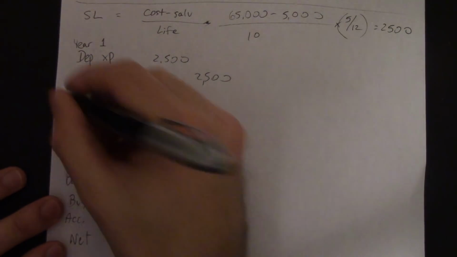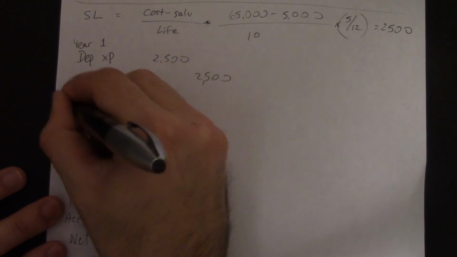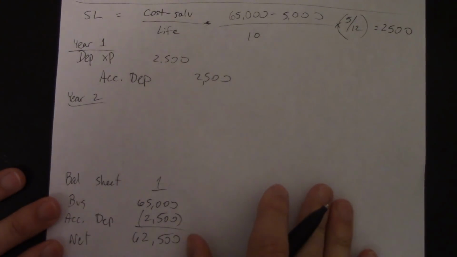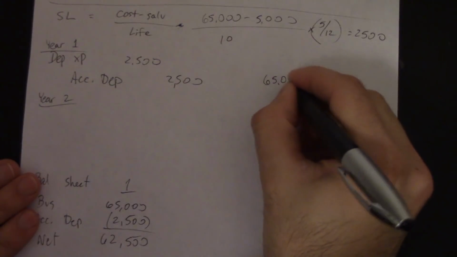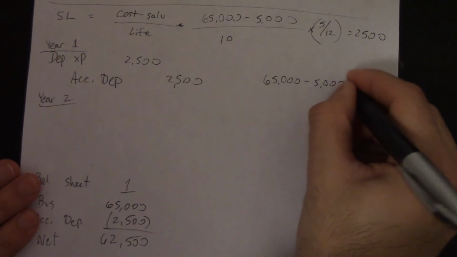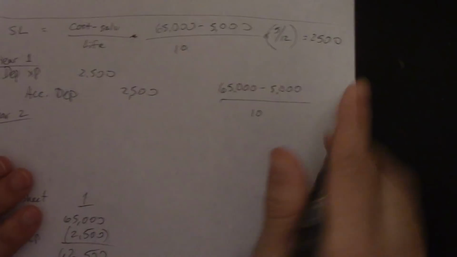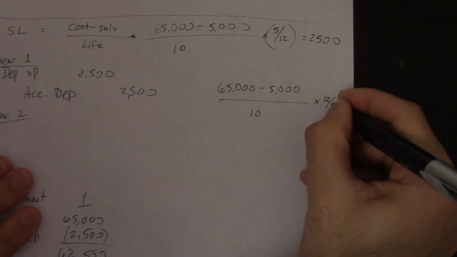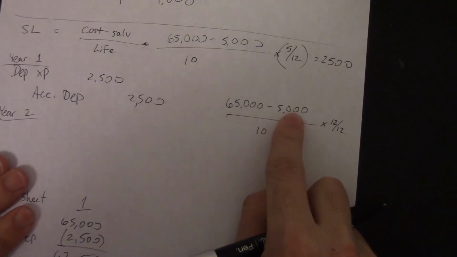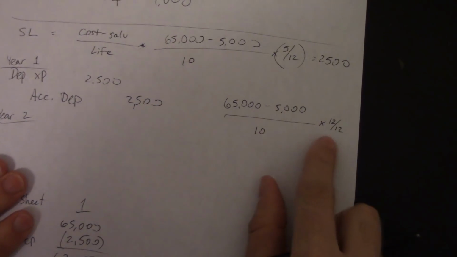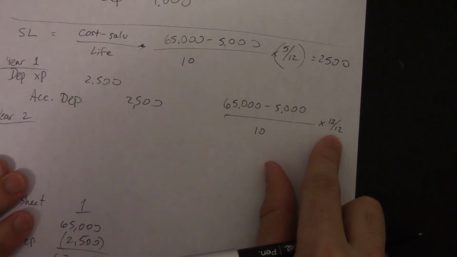Now in year 2, we need to recalculate, because in year 2 we had it for the full year. So we're going to do the cost minus the salvage value divided by the life times the portion of the year that we had it.